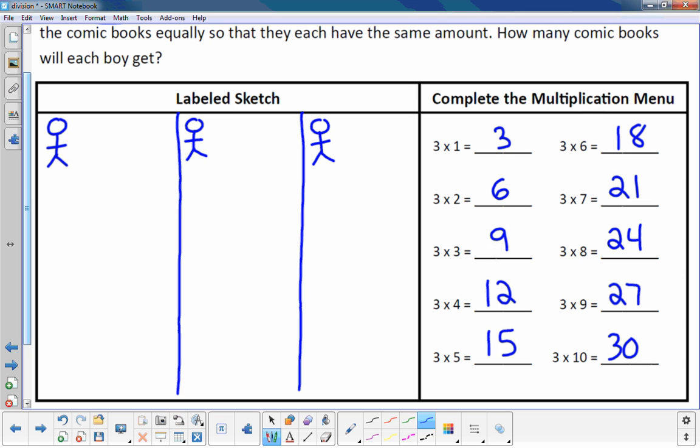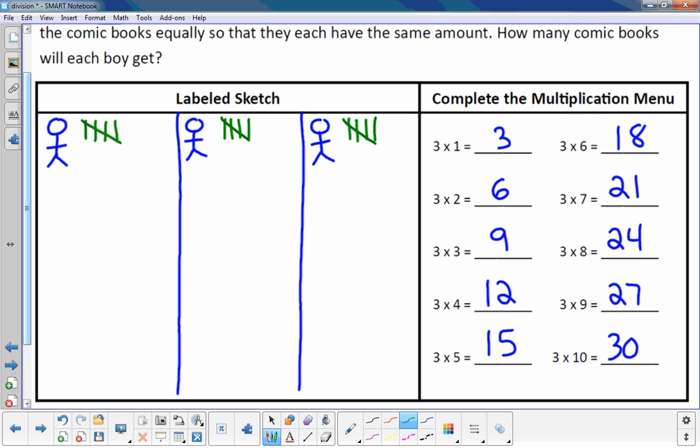I'm going to think of the number, how many times is 3 going into 25, or how do I take 25 things, 25 comic books, and break it up into 3 equal groups? So I would go 1, 2, 3, 4, 5, 6, 7, 8, 9, 10, 11, 12, 13, 14, 15.